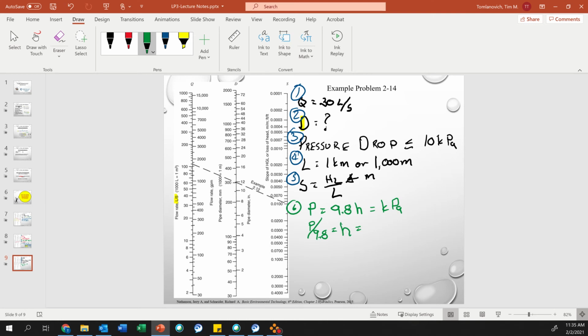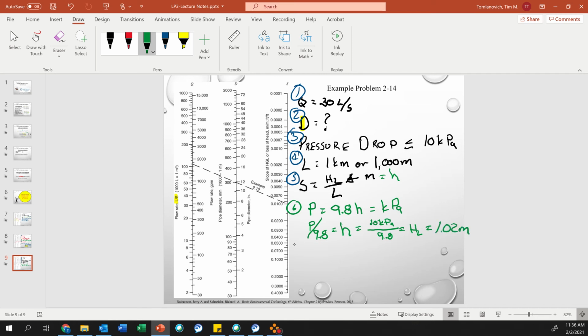Okay, so with that, I put 10 kPa, because that's my pressure drop that I do not want to exceed, divided by 9.8, and that'll give me my HL term. My H equals HL. So 10 divided by 9.8, so 1.02 meters.